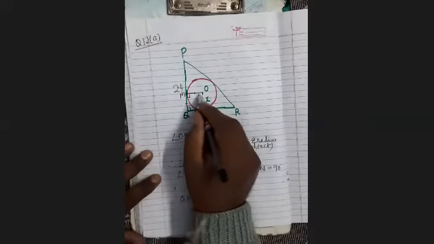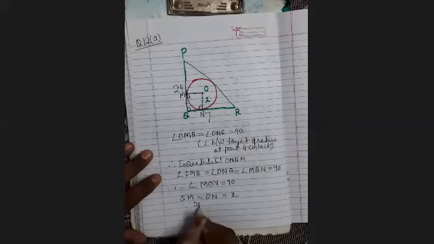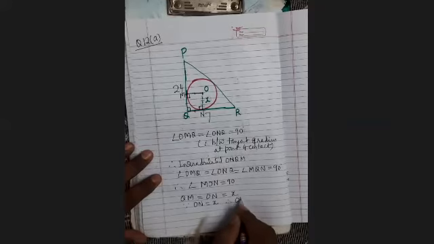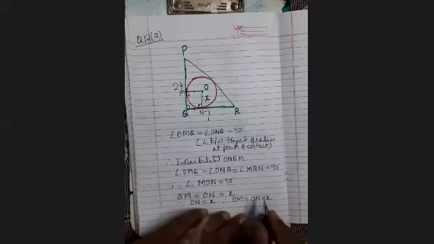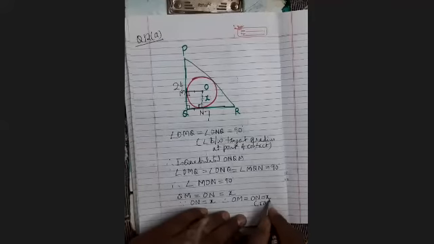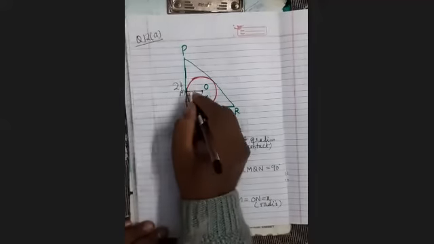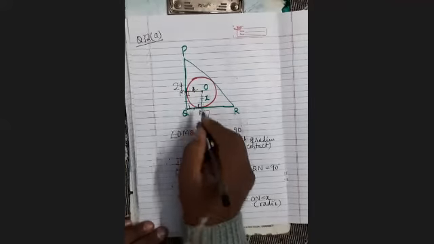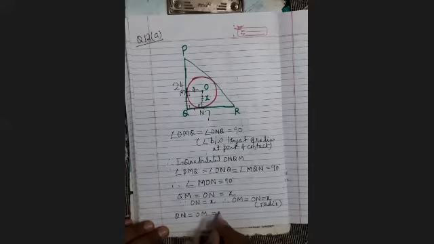ON is X, therefore OM is also X. OM will also equal ON equals X. Why? Radii. It's clear. Now this is X, so what will be QN? QN equals OM equals X.